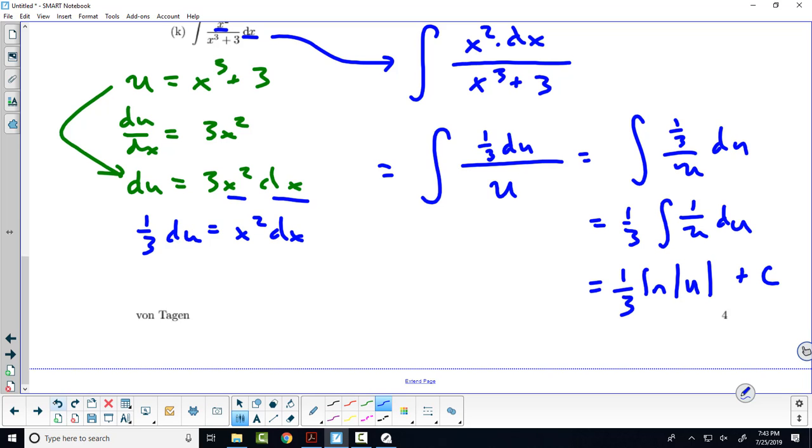Folks, one thing I didn't mention, I'm really lazy about that plus c. Technically, don't write this down, technically, when I took the antiderivative, that got replaced with natural log of u plus c, and there's a 1/3 times that, right? But if I distribute 1/3 to each of those terms, what's 1/3 times an arbitrary number?